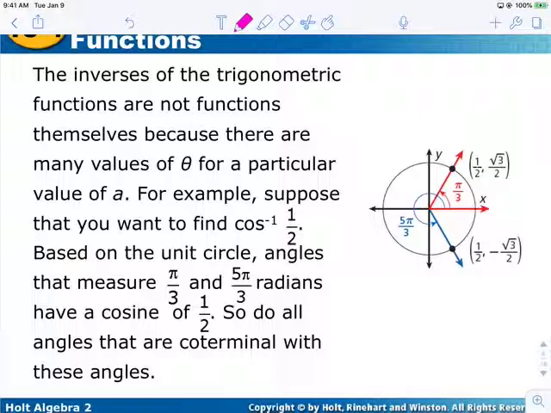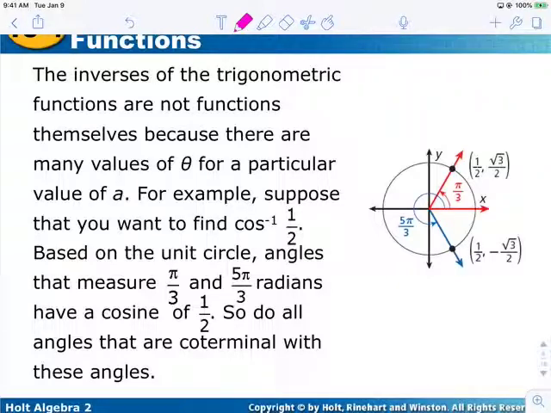We're going to have to restrict domains here today because if you look at this, I want you to really pay attention, look at my finger and listen to what I say. Cosine inverse of 1/2, what that is saying is find me the angle that when you take cosine of it, you get a value of 1/2. So I'll say that again.